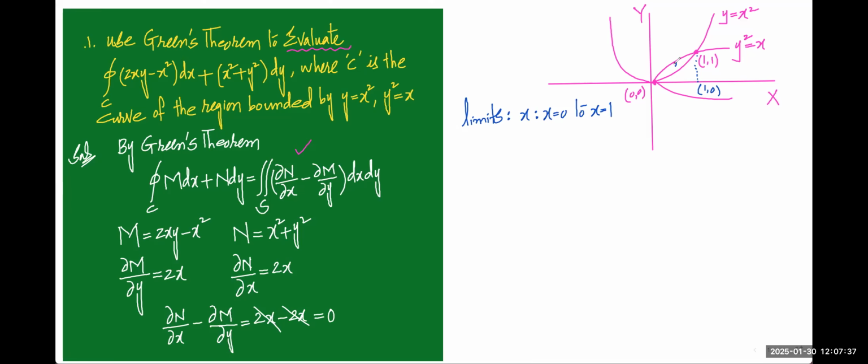For the limits of y, we draw a strip parallel to the y-axis. Be careful: the lower limit of this strip is y is equal to x square, and the upper limit is y is equal to root x. I am writing both values in terms of x. So now the limits of y.